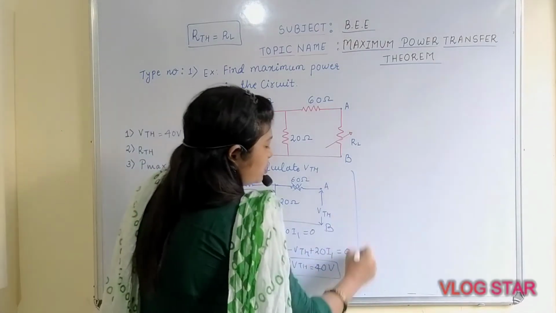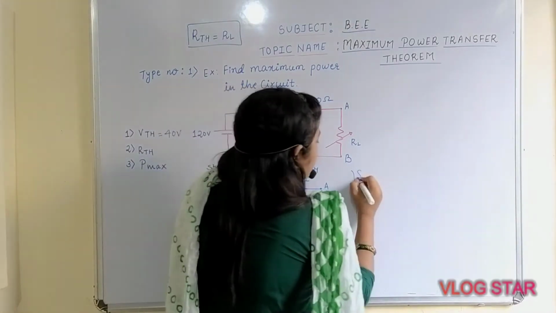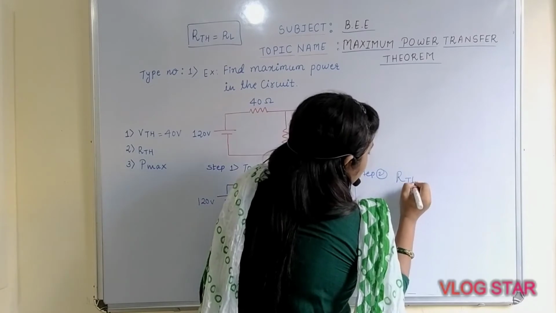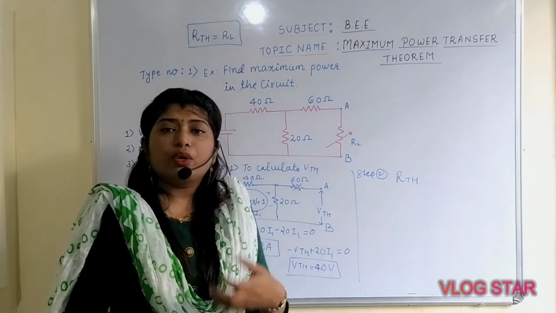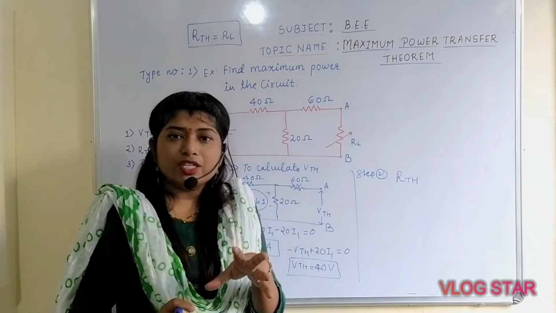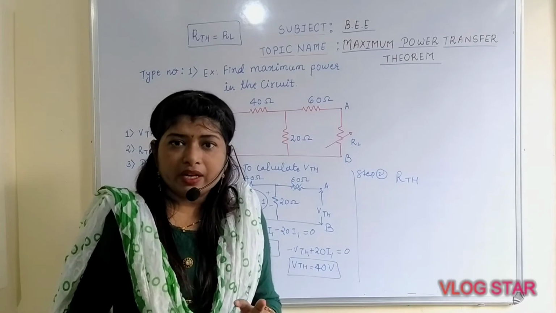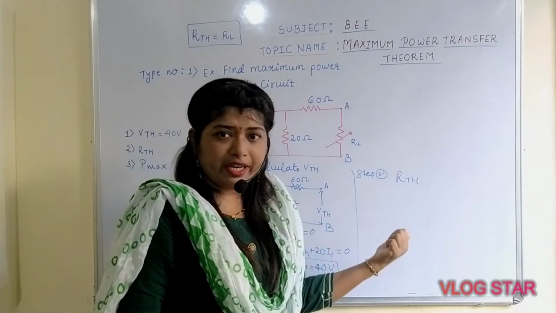What is the next quantity you need to calculate? The second step is RTH. Can you tell me the steps to calculate RTH? First, replace the load resistor by an open terminal, and across it assign RTH.